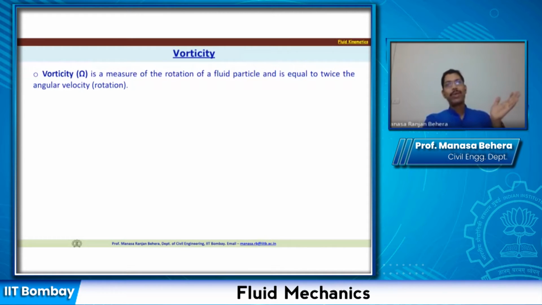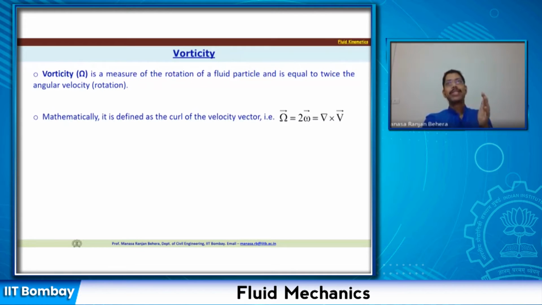Okay, so if we want to write down mathematically, it is going to be this. Capital omega is equal to 2 times the small omega, and if you write that down, you will get the vectorial form, which is going to be del cross v.